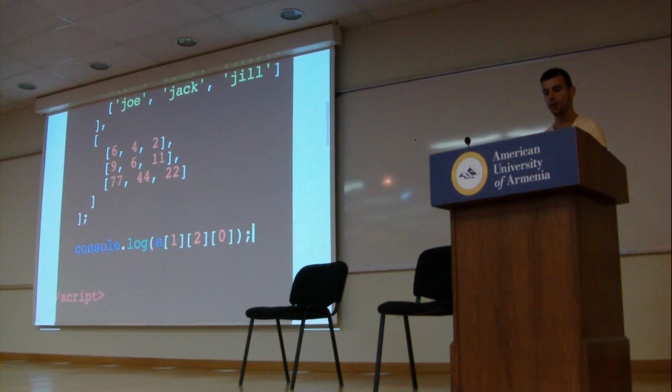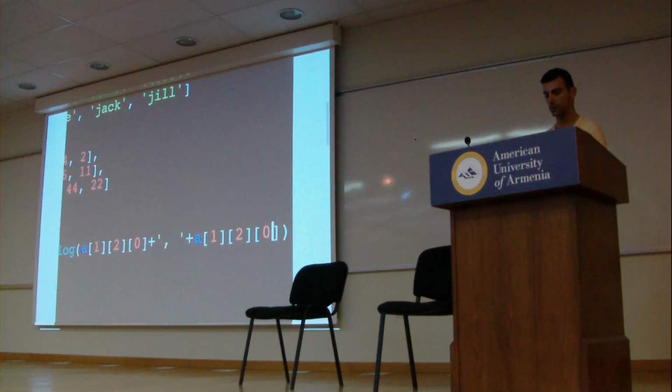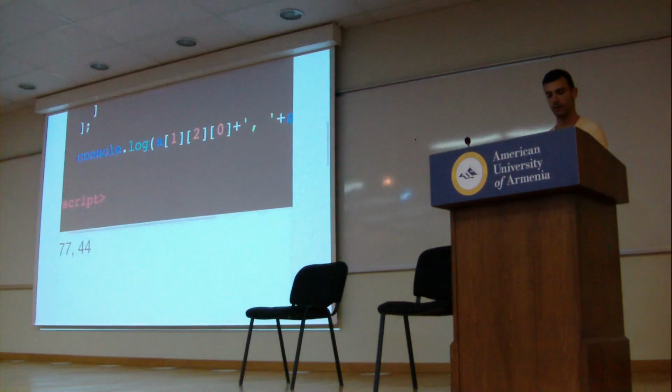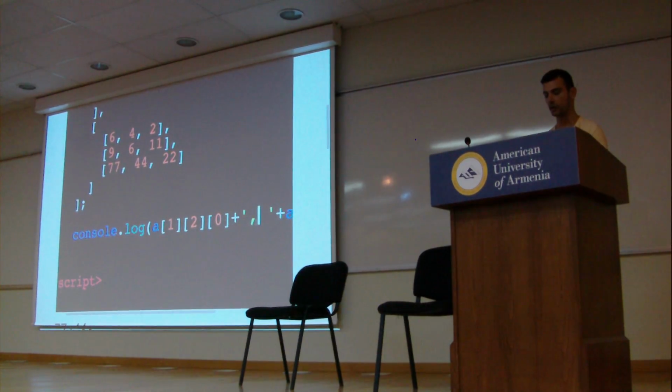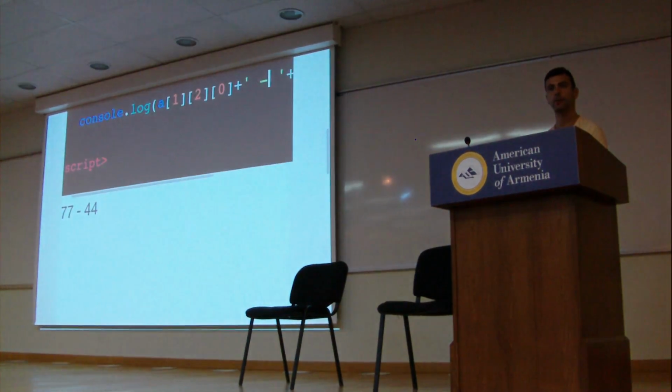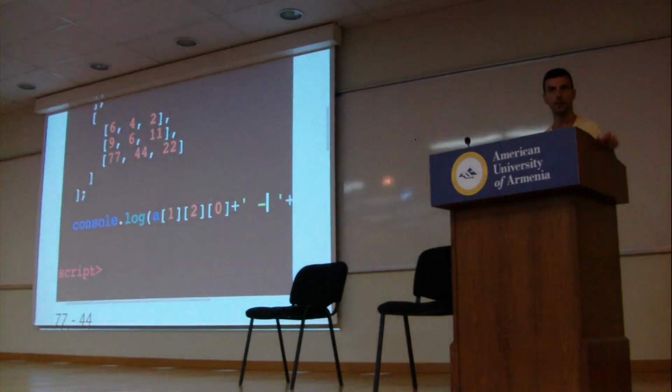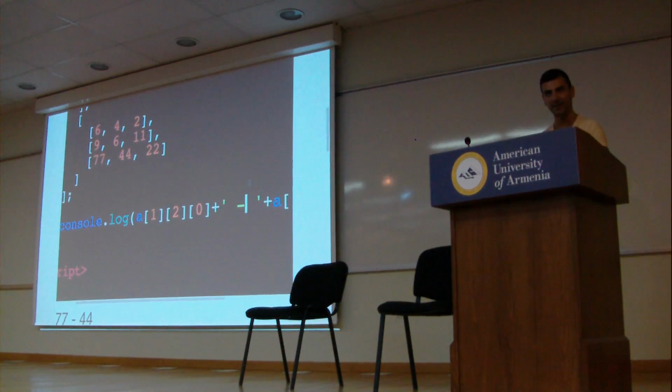If you want to write another one, like let's say I want to write 44, what I can do is do a plus, comma, space, and then change this to 1. And now I will have this. Instead of a comma, I can say dash, and I will have this. Etc., etc. Remember, basic concepts combined together, that's all we're doing. Other questions or concerns? Yes?